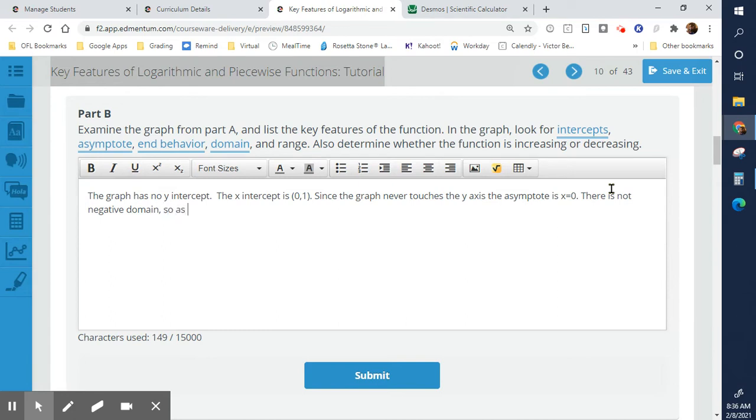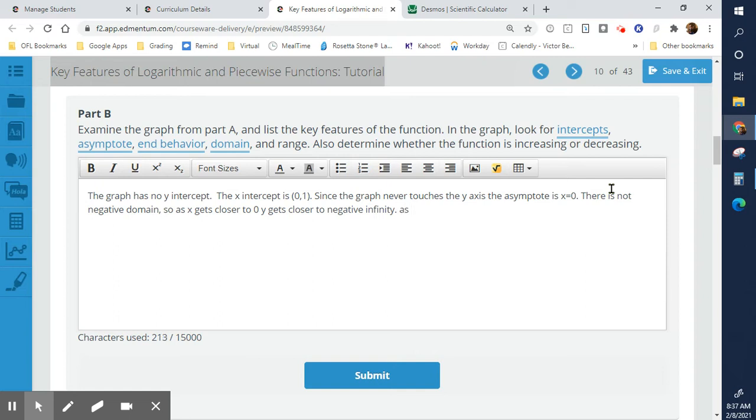So as x gets closer to 0, y gets closer to negative infinity.